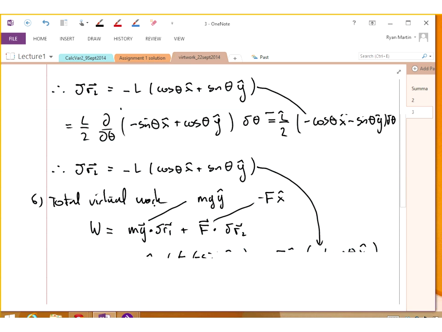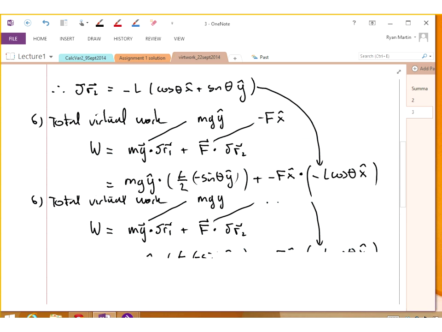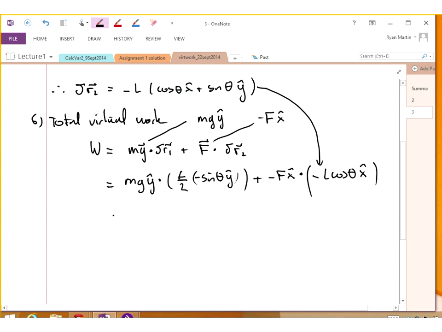So of course, the only vectors now are the hats, right? So x hat dot x hat is 1 and y hat dot y hat is 1. So the first term becomes L over 2 mg sine theta.